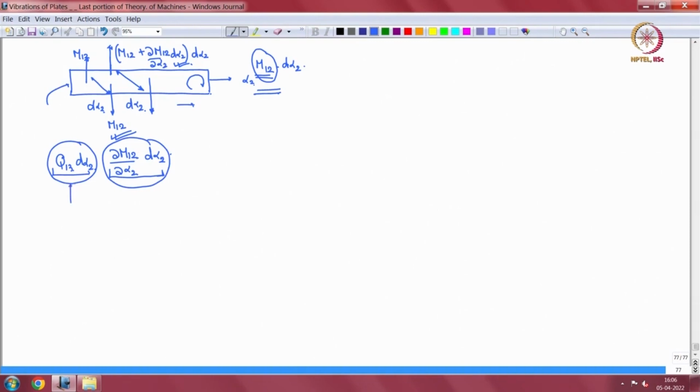Both are forces now. And therefore this shear moment on this face has been made into an effective shear force, which is of the same nature as Q13 into d alpha 2. So that now, if I take d alpha 2 outside, I get Q13 plus del M12 by del alpha 2.